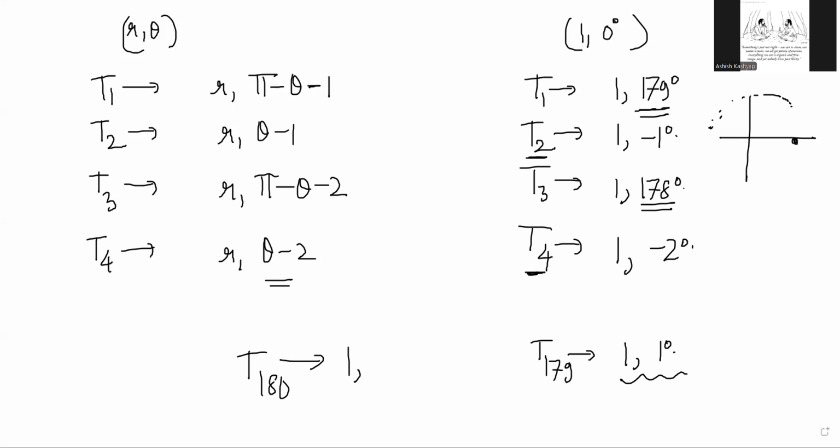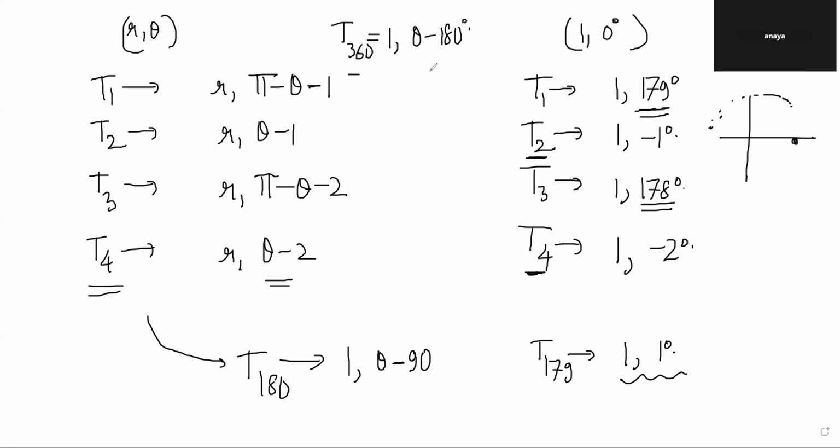So T180 will send us to theta minus 90, right? Right. By the pattern. Yeah. T360 would have sent me to 1 comma theta minus 180. Yes.